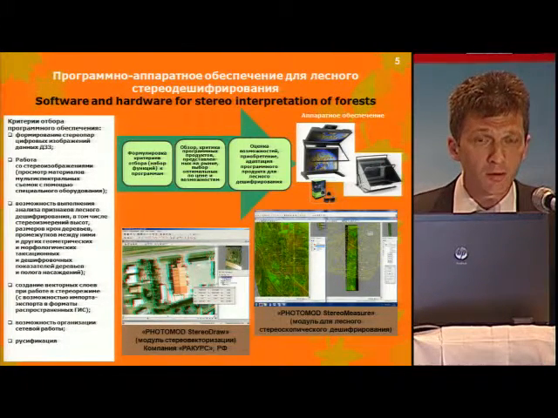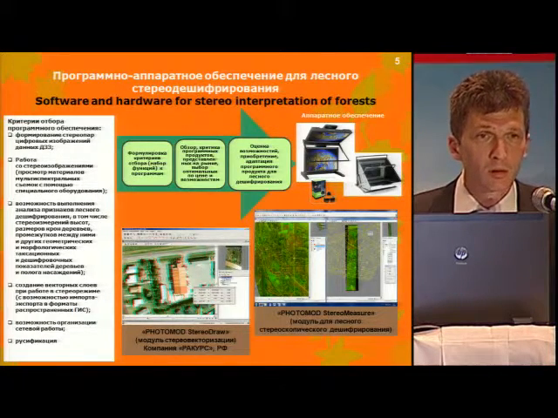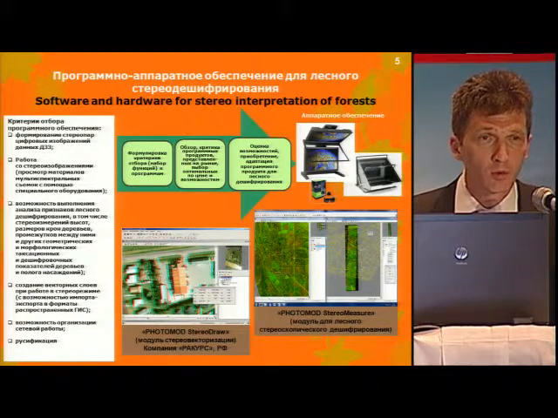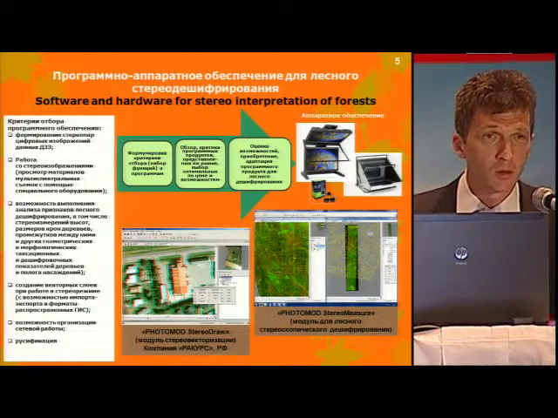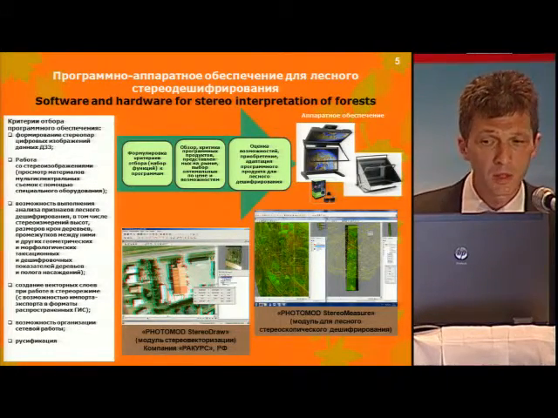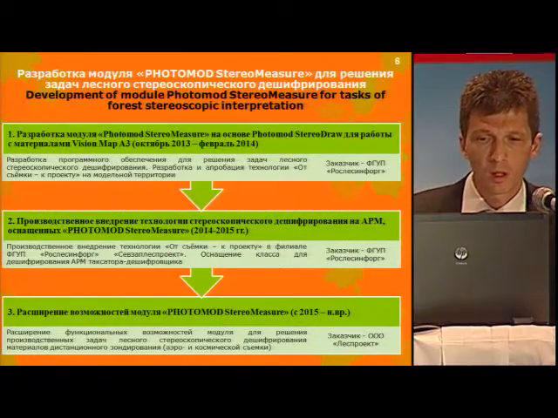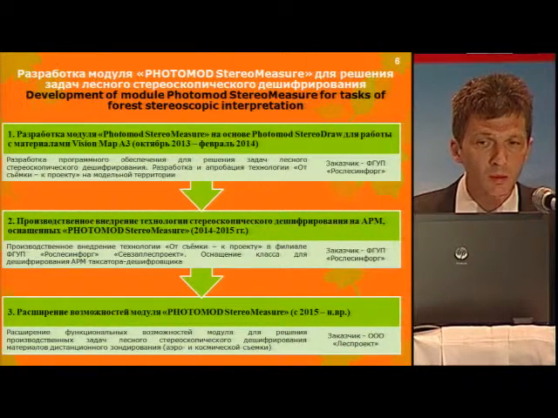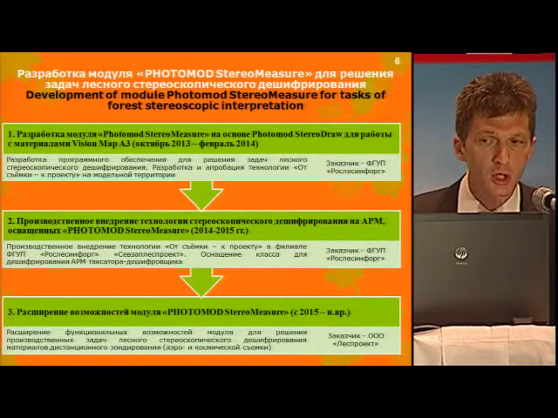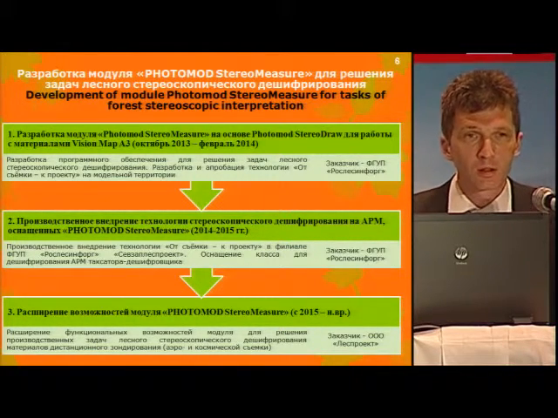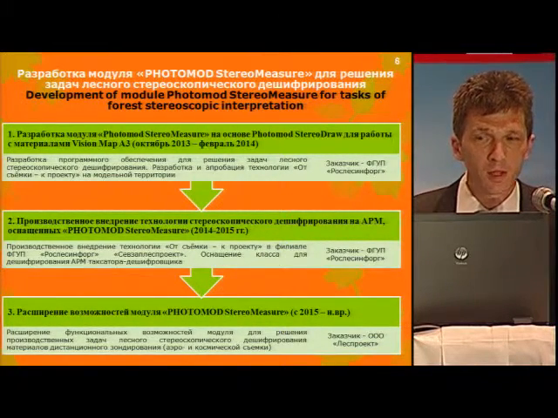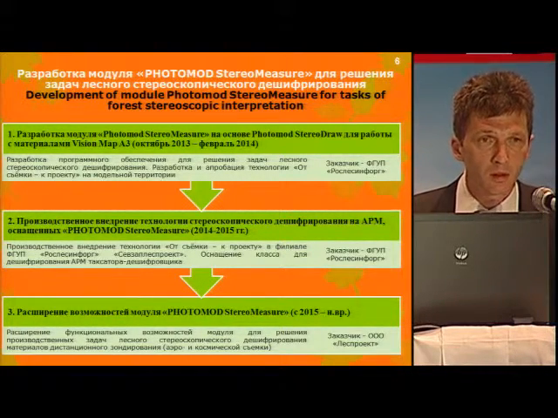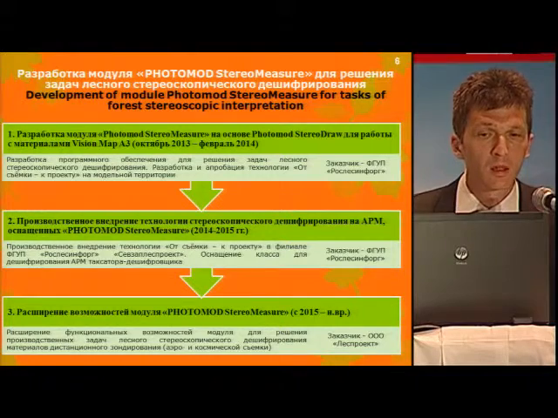And as a basis, jointly with Rakurs company, we selected PHOTOMOD StereoDraw, which we reconfigured and still configuring based on our wishes, which are also changing and mutating with time. The main stages of the work with this product, which was called PHOTOMOD StereoMeasure, to do our tasks and assignments of stereo interpretation of forests.